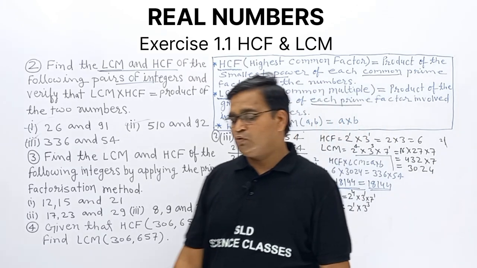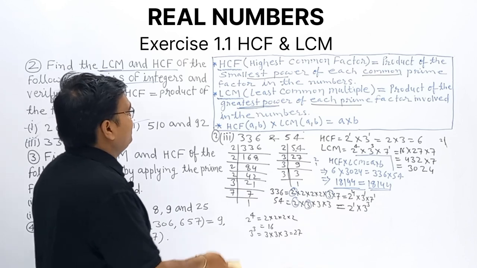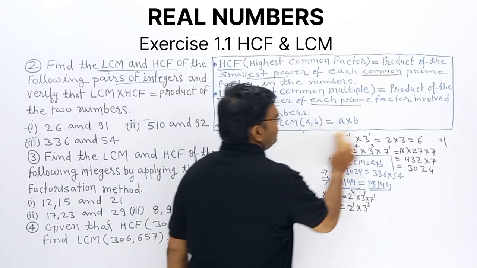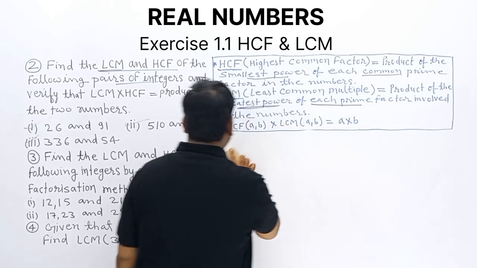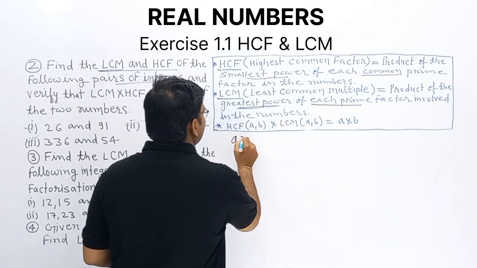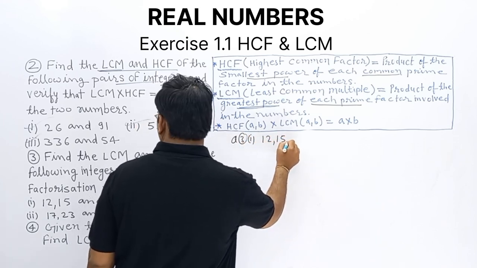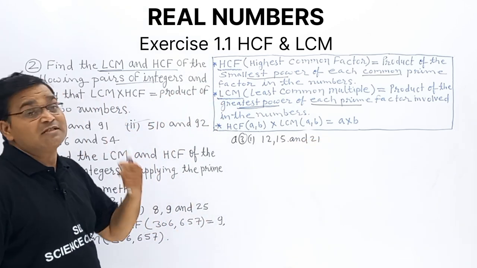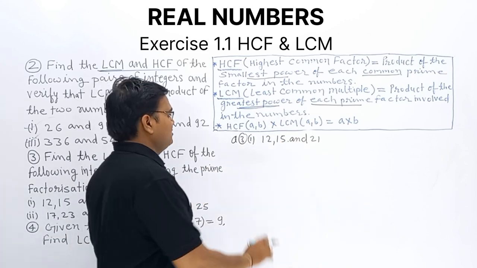I am trying to solve question number 3, first one. What is the question? 12, 15 and 21. Now in this question 3 numbers are given, so we will find each number's prime factors. So how will we do?